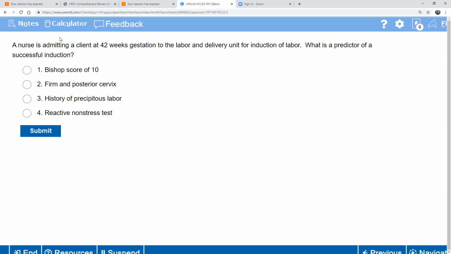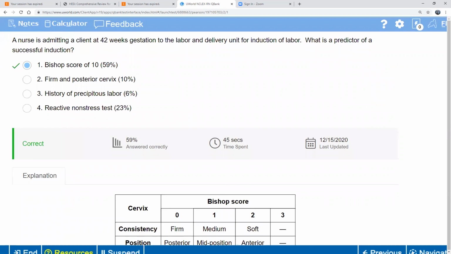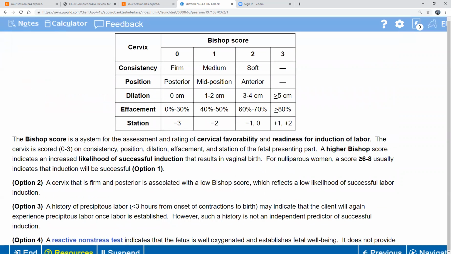Okay, good. Bishop score 10. Yeah. All right, let me take a picture of this box. Firm, medium, soft, position posterior, anterior.